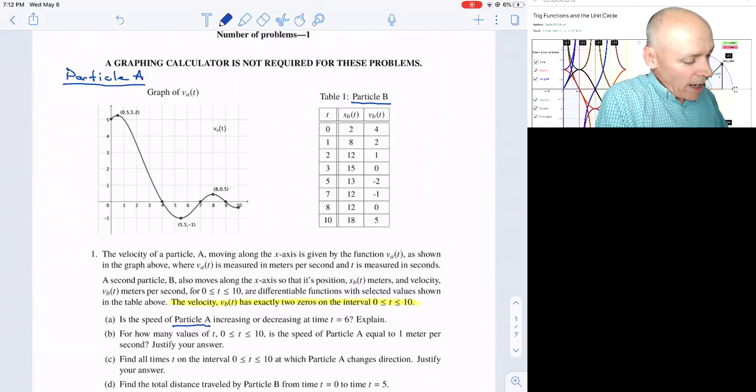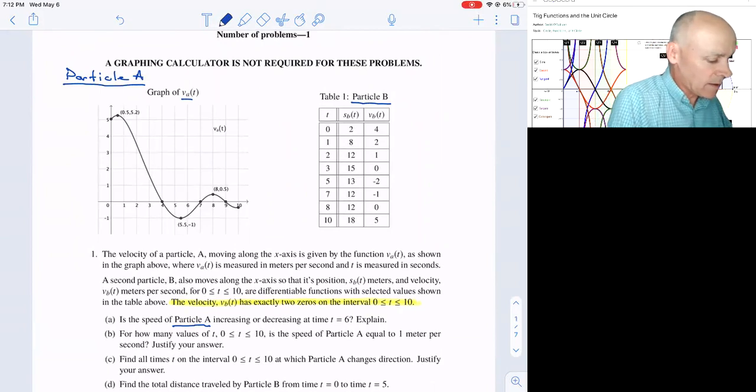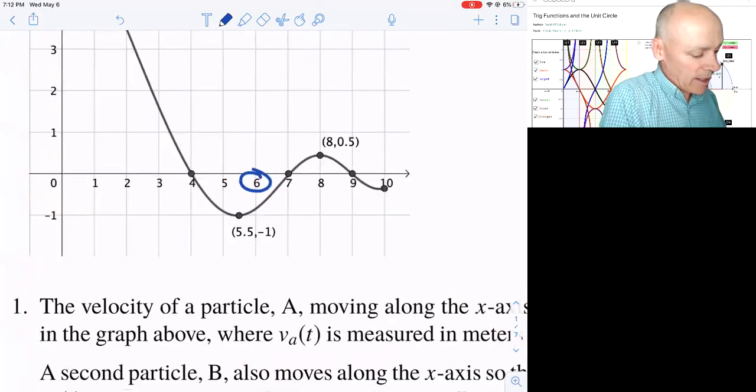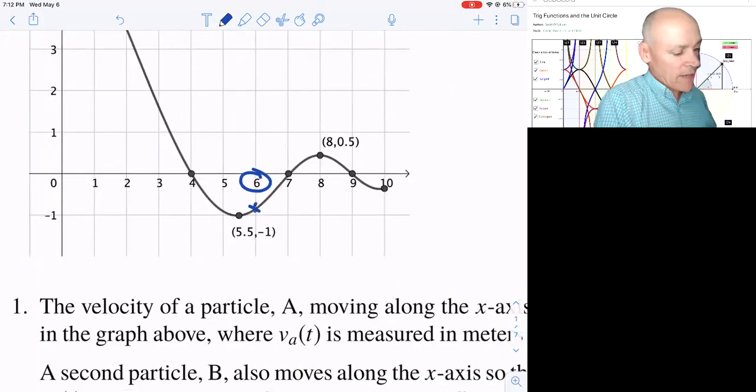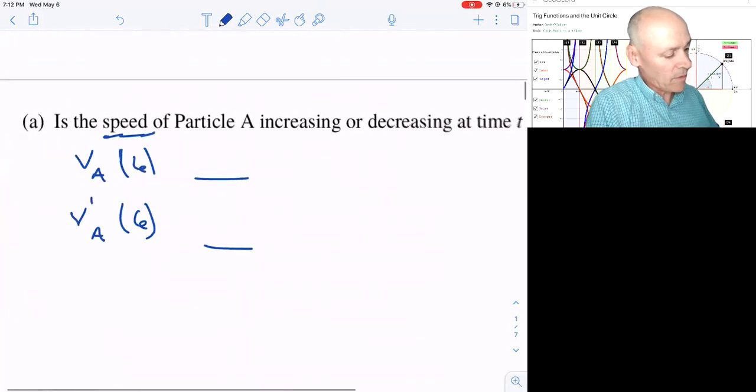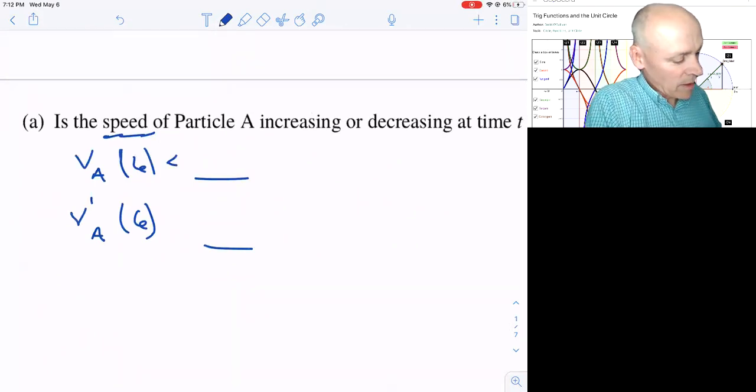So I'm going to go to the graph to find the value of VA at 6. Here's 6, and I can just see that my velocity is a negative value. It's below the x-axis, so VA at 6 is less than 0.